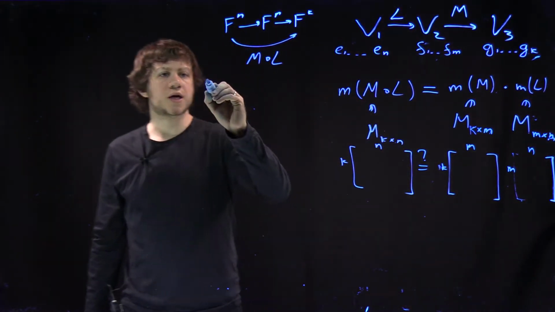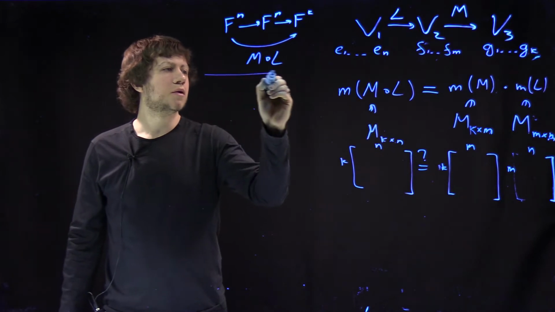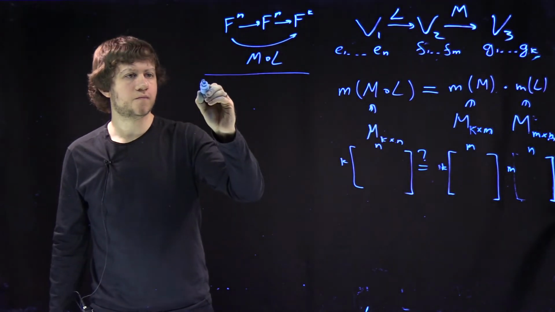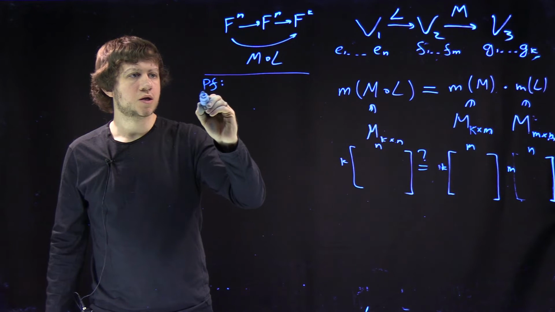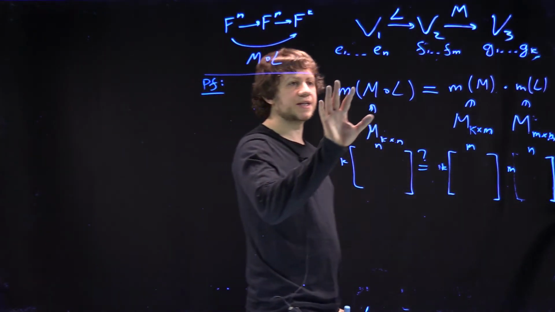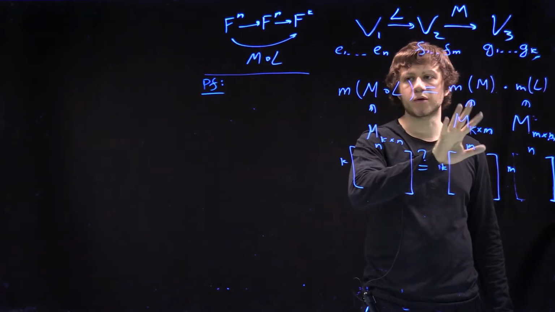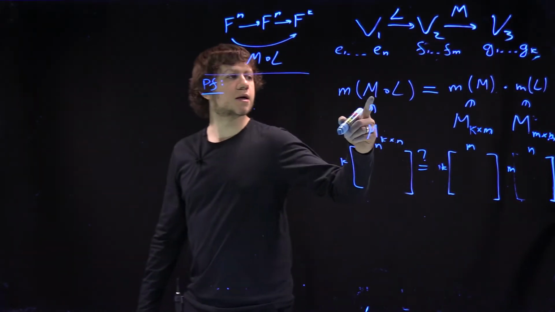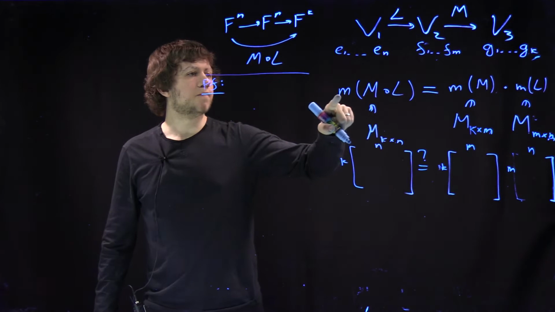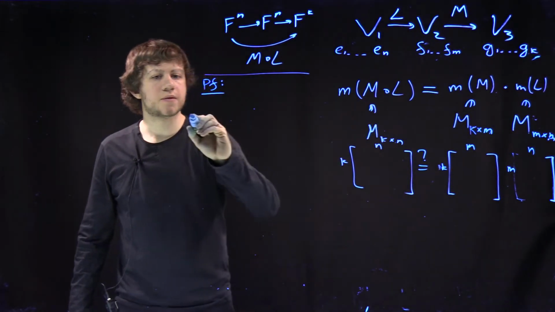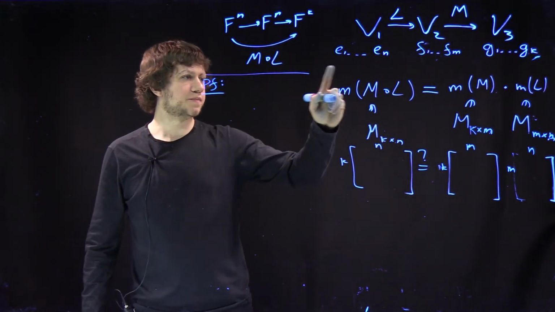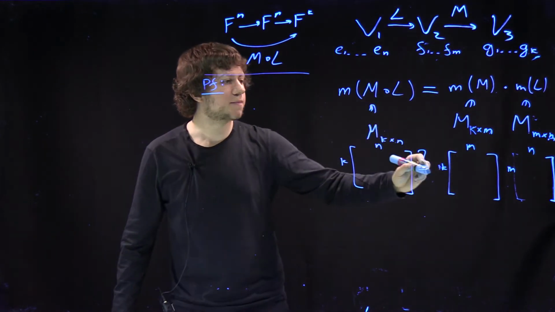So let me prove it now. Proof. So of course, if you want to prove an identity like that, you will just take a basis and apply this linear map to a basis. So let's take the linear map L first.